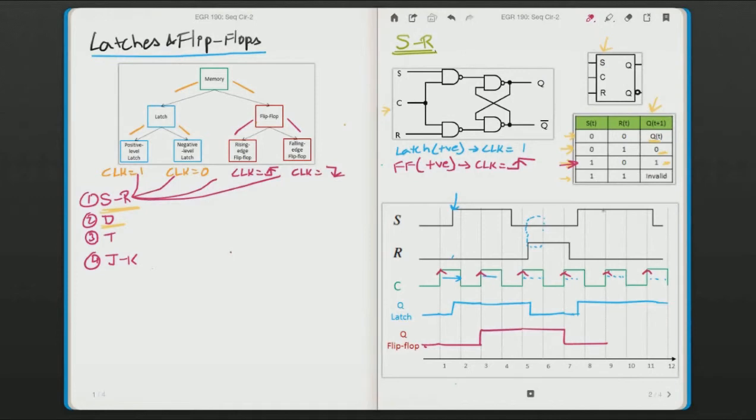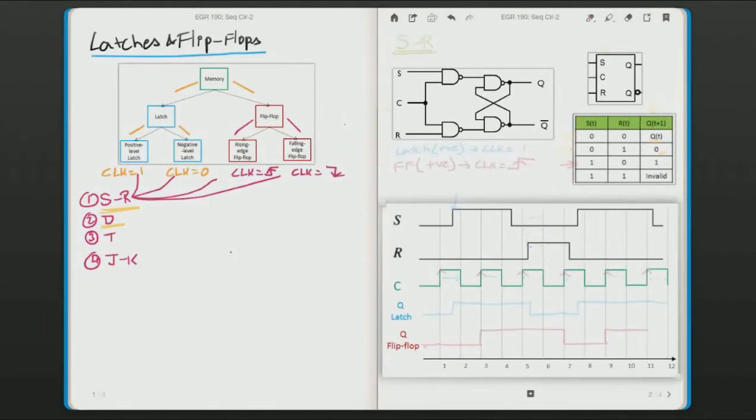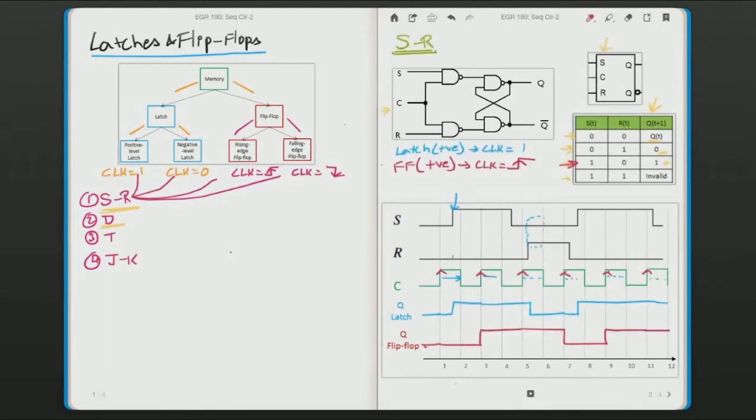Come down here, S is 1, R is 0, so my output changes to 1. Goes on till the next stage. Now coming down here, my S is 1, R is 0, again the output continues till the next point here. Okay, and this continues forward.